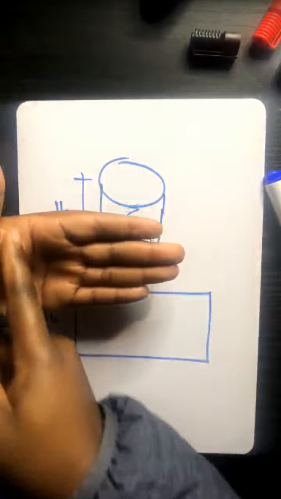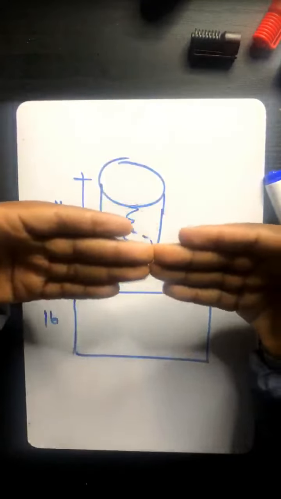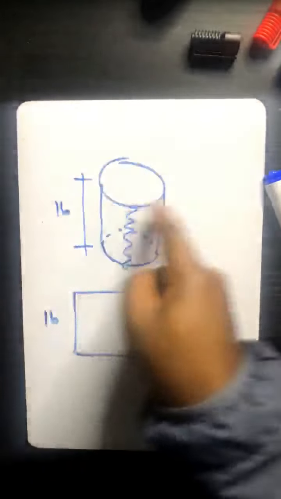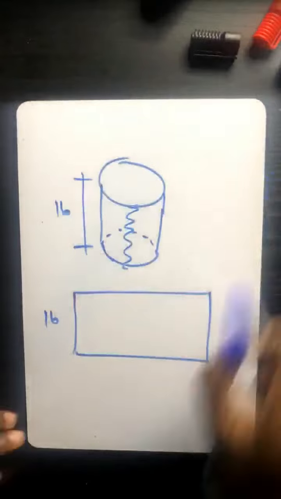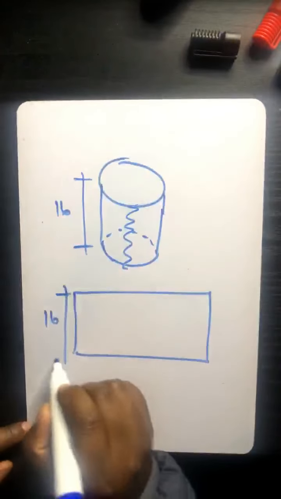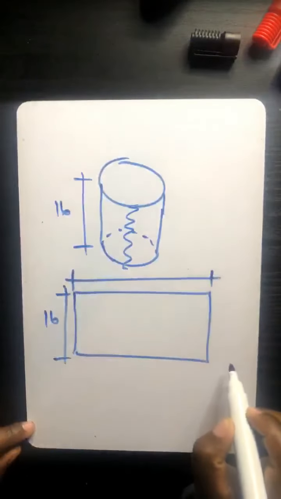Then can you see that the height remains as it is? Then you have that length, which is that one. Because it was a circle, but now you straighten it. It's now straight. So we know that this is 16. We want to know the formula of that length.